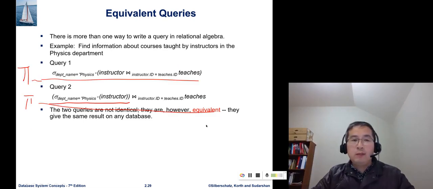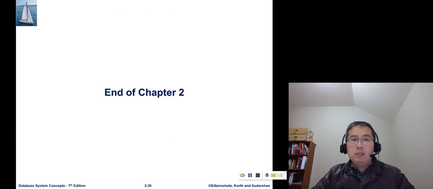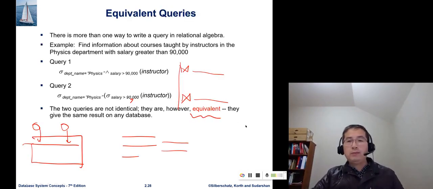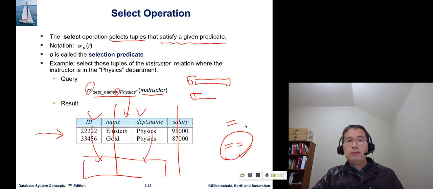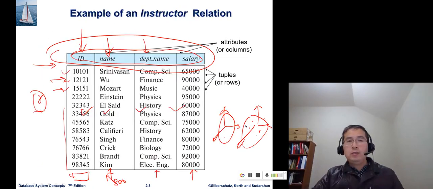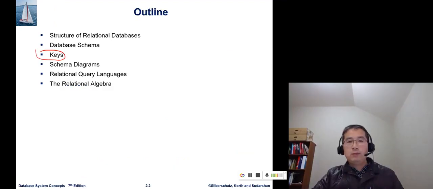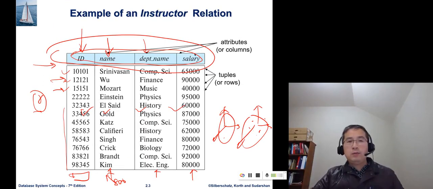So these are all the contents we want to cover in chapter 2. Basically this is about relational algebra. We talk about the concepts first, about the relational model: the attributes in the columns and tuples in the rows.